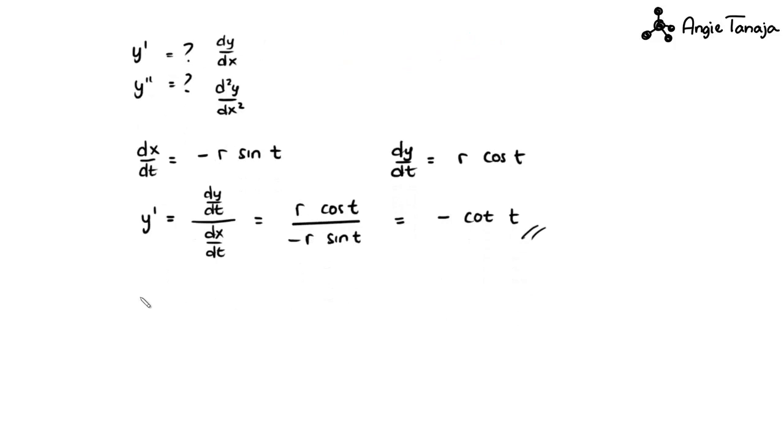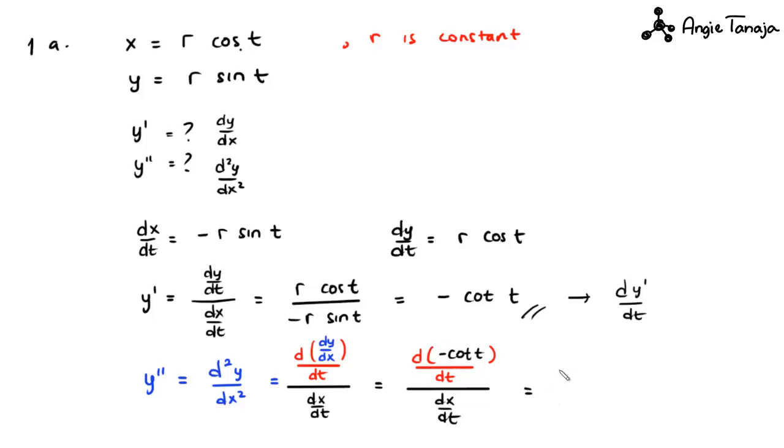Now, let's learn about y double prime. The symbol is d squared y over dx squared. So it will be equivalent to the derivative of your first derivative, but with respect to t, because our function here is just in terms of t, over dx over dt.